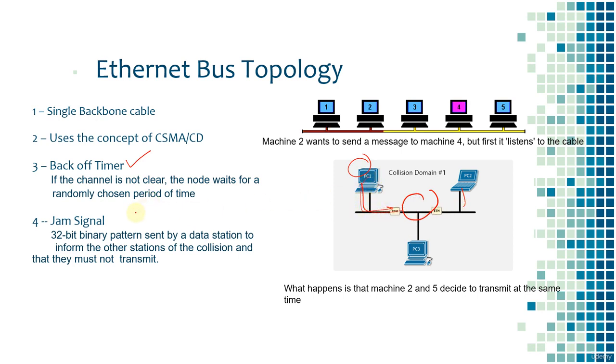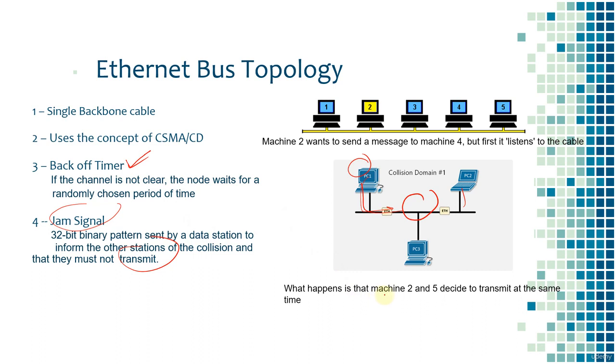So what is a jam signal? A 32-bit binary pattern sent by the station to inform the other stations of the collision and that they must not transmit. So they wait for the backoff timer, and they also send a jam signal, basically informing other stations that they are going into the backoff timer, so if anyone wants to transmit data, they can; meanwhile they will hold on.